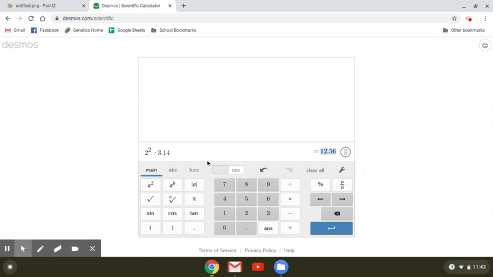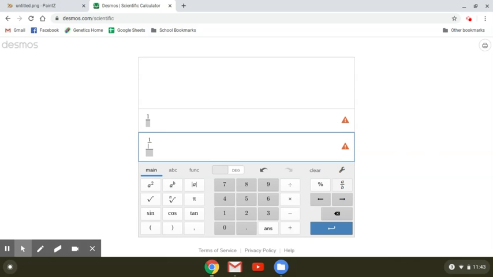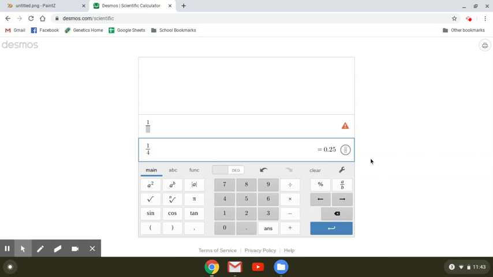I'm going to go to my calculator. Oh, this is a great calculator because I can actually put fractions in. I can put 1/4. That didn't work. I'll try it again. One-fourth, which is 0.25, and I'm going to square it.